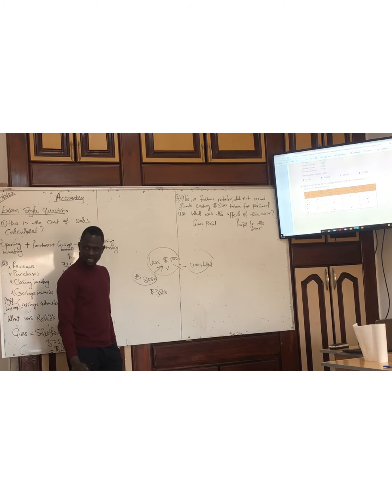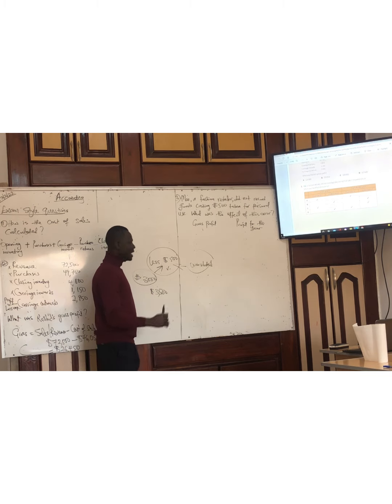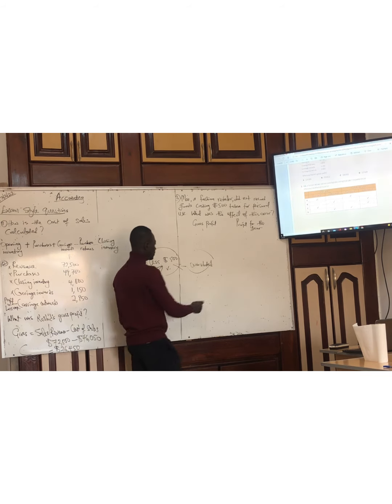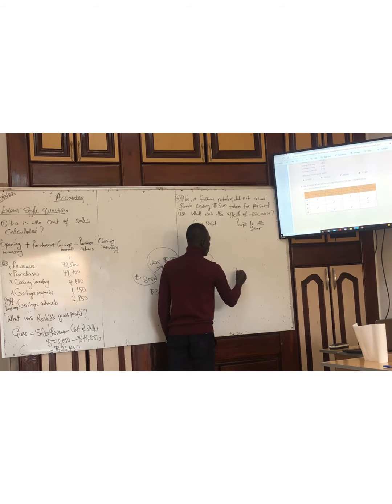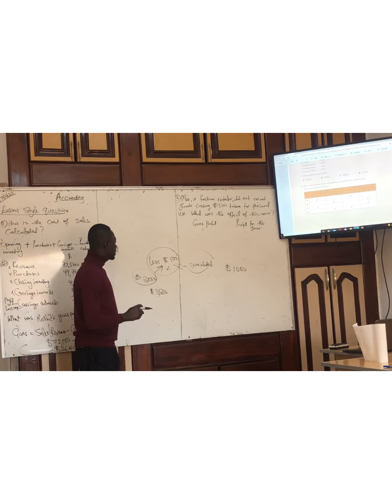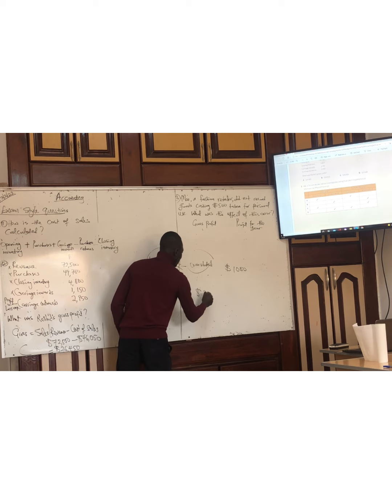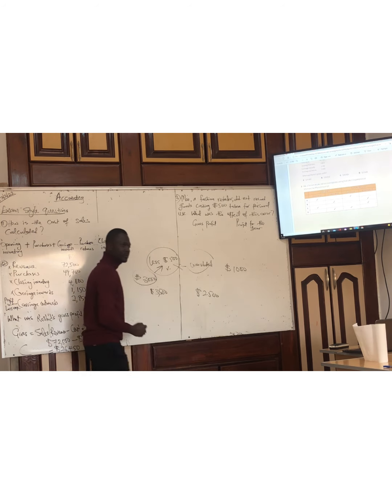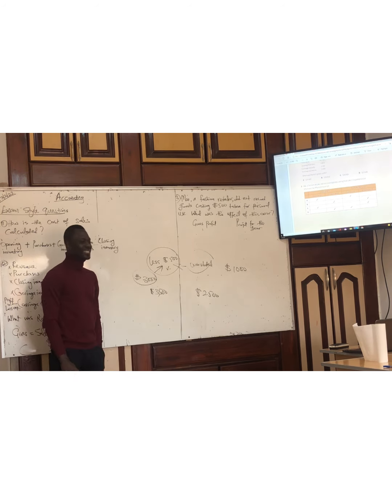Overstated. Great. Now, let's assume our expenditures are $1,000. Where are you going to take it from? Are you taking it up from here or from here? From down, right? So your net profit will be what? 2,500. Is it overstated or understated?